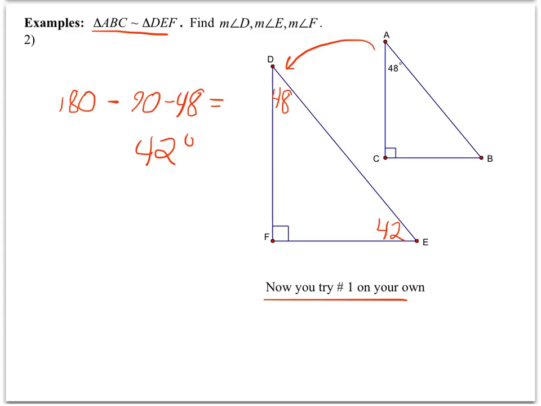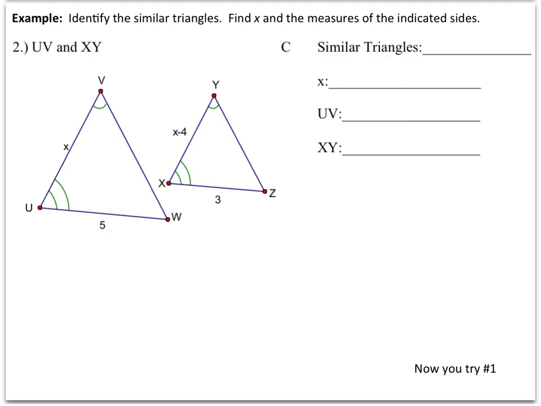So we can say that the measure of angle E and the measure of angle B is both 42 degrees. We found all three measures. Just a little hint for number 1, you do have an isosceles triangle, so you're going to have to use the property of isosceles triangle base angles to solve for the two congruent angles at the bases. Again, I'm skipping over number 1. I'm going to let you try that on your own, and I'm going to approach number 2 so that you can see how to first approach it, and you should be fine to solve this on your own.